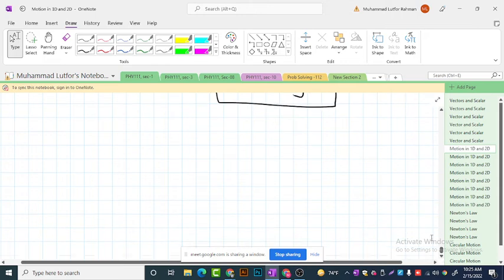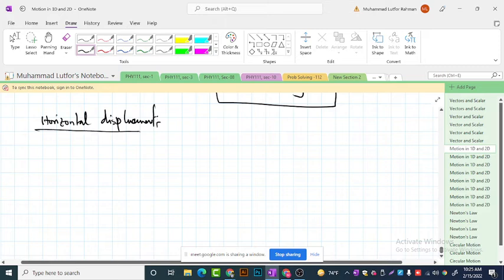Fine. So now what about the range? Instead of saying range, it is better to say horizontal displacement, because range is a very special case. When the vertical displacement is 0, then you can say the range, otherwise not. So it's better to say the horizontal displacement, which is always true.